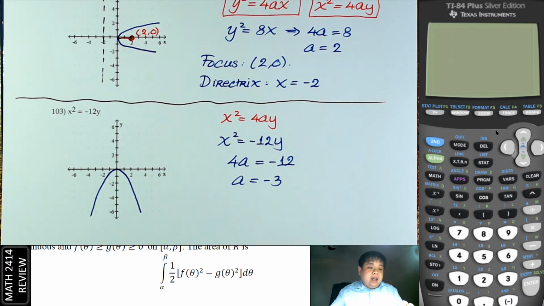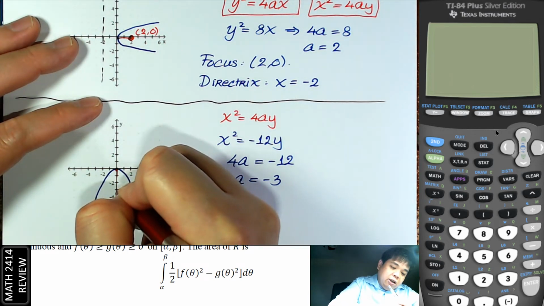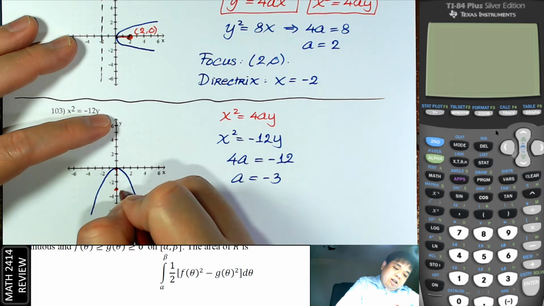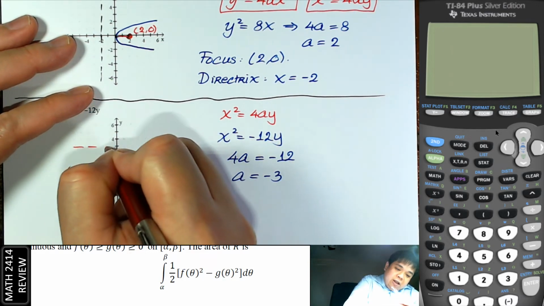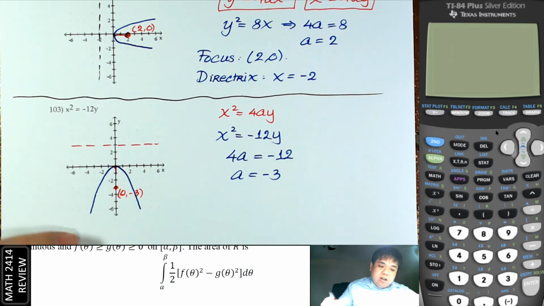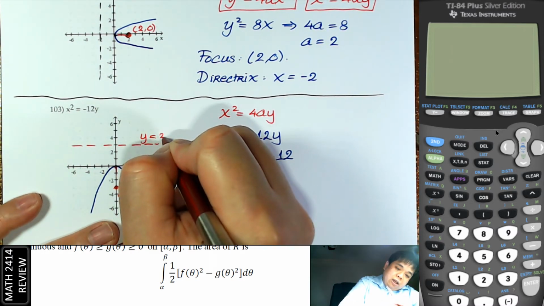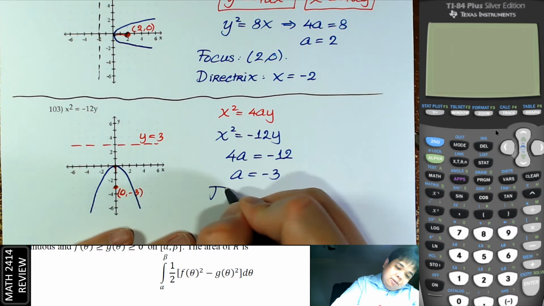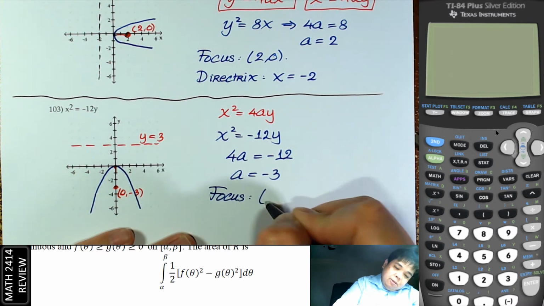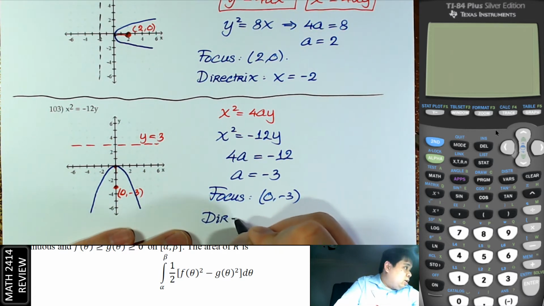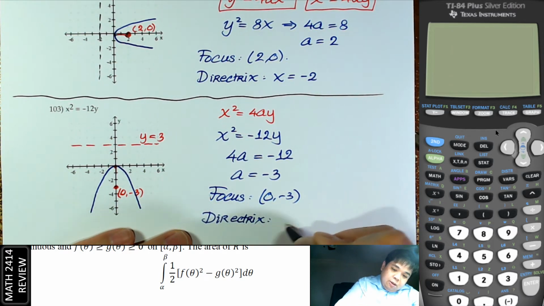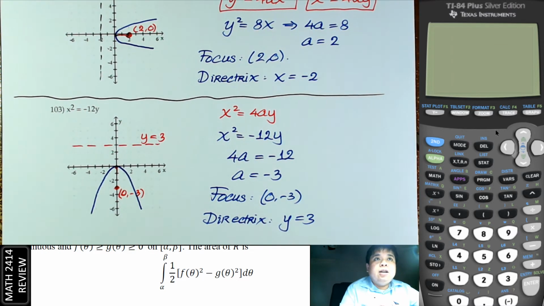And the 3 is the distance from the vertex to the focus. So from here, we go 3 units, and that is x equal to 0, y equal to -3. That's the focus, and the directrix is in the opposite direction. So the directrix is y equal to 3.